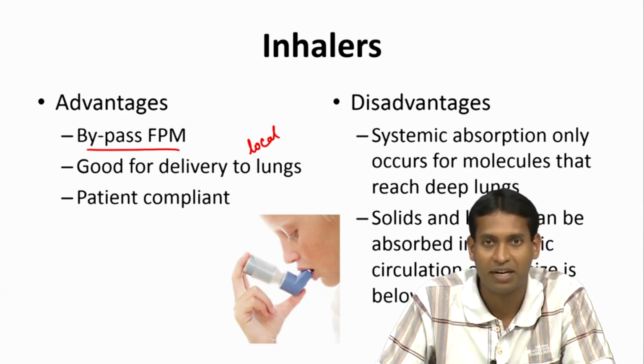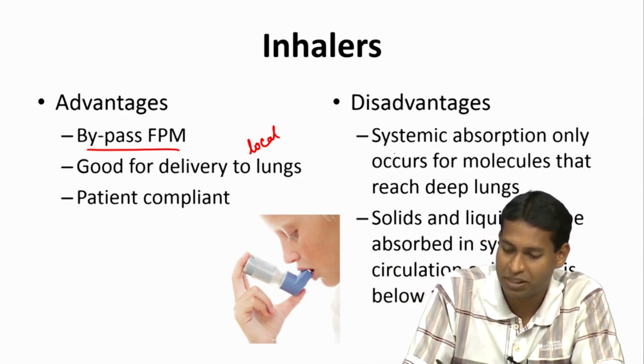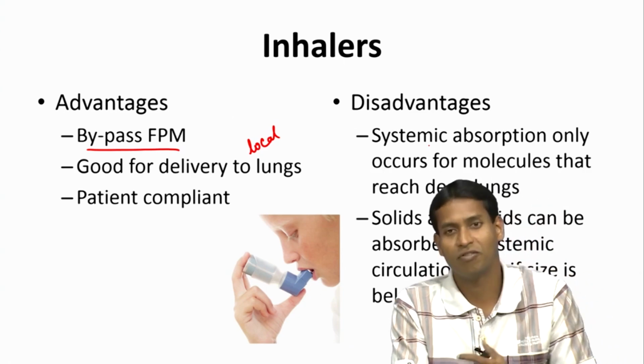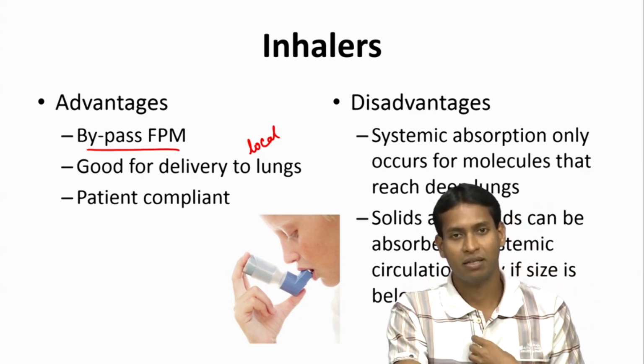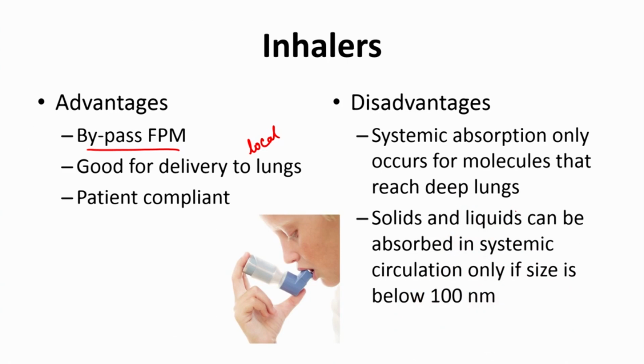However, there are a few disadvantages. The systemic absorption of these molecules can only occur once the drug actually reaches the deep lungs. So, if I just inhale something and it is just localizing in the upper respiratory tract, in my nose or in my upper lung like the trachea, these drugs are not going to go to systemic absorption, they will be removed by the lung itself.